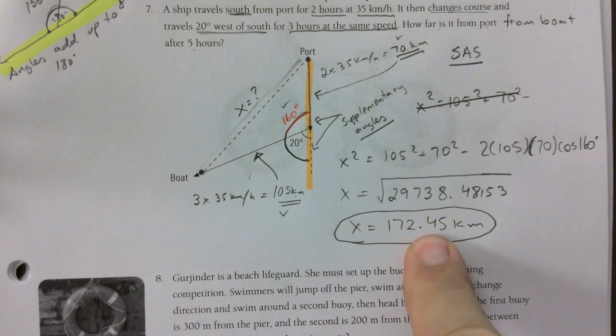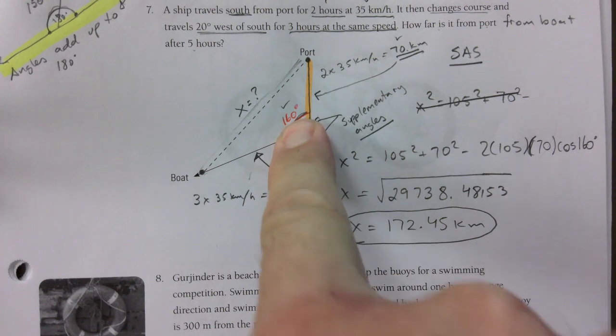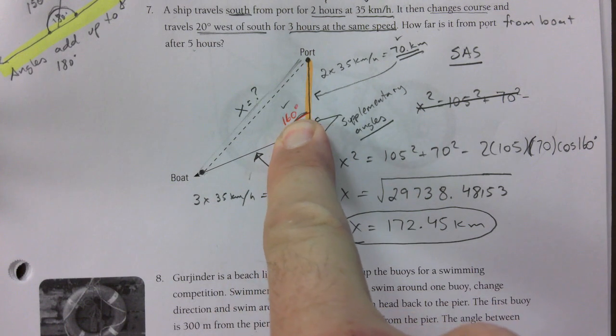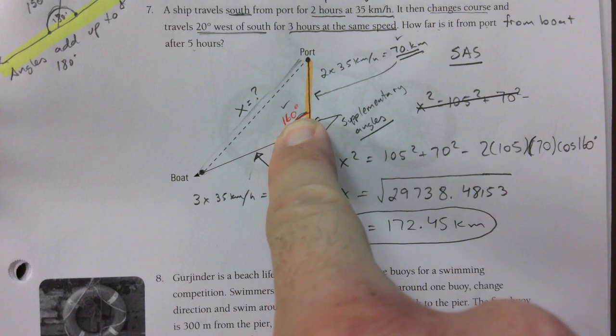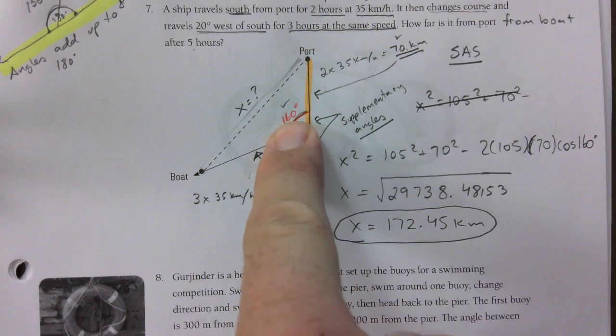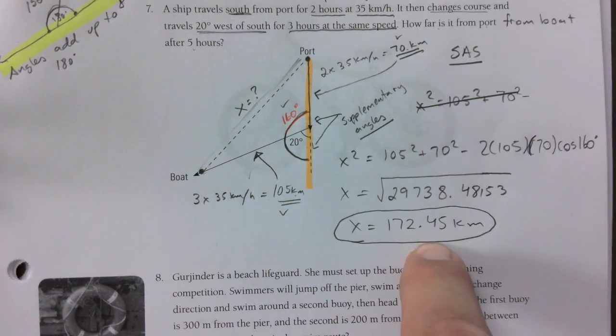By the way, it makes sense that the side we just found is the longest side because it's across the largest angle. There's only one obtuse angle ever in a triangle. You cannot have more than one obtuse, so that's definitely the largest, and we have the longest side there.